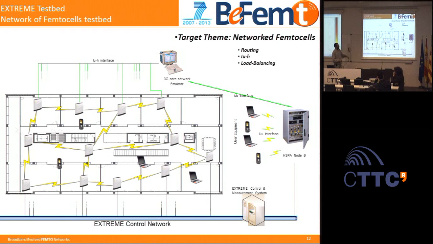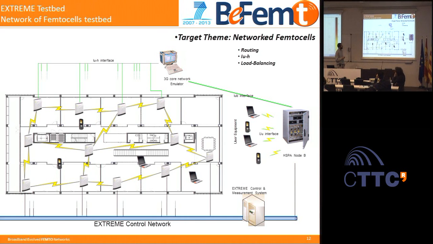So in the end, what we get is this. We have this setup where, for example, a UE attached with a regular 3GPP defined interface to a commercial femto is routed multi-hop. Sometimes packets from this UE will go this way. Sometimes packets may go this way, depending on the decisions, as you saw. In the end, they reach the local femto gateway, and in the end, they reach the core network.